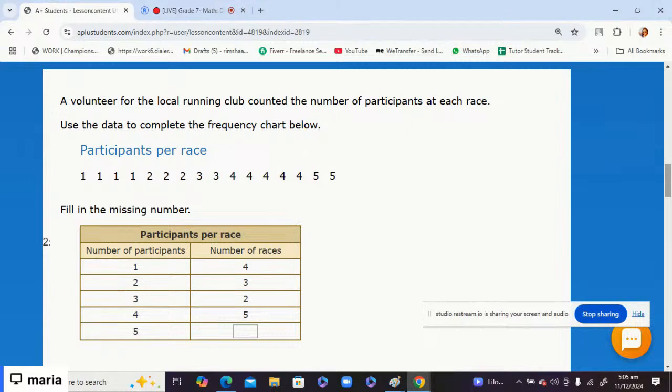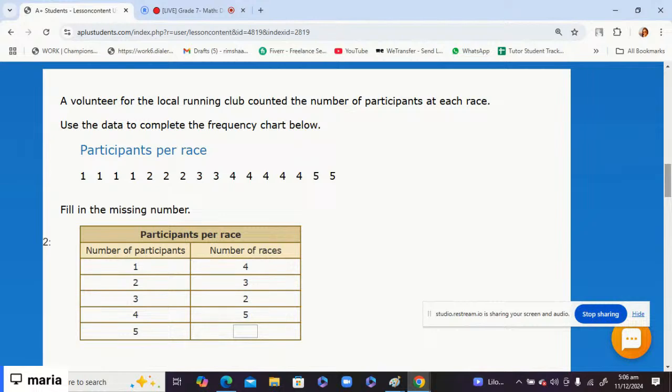So we are going to check the number of races. How many times is 1, how many times is 2, 3, 4, and 5. The 5 is only 2 times here, so for the 5 it is 2 times. These are the number of participants in each race of the local running club.